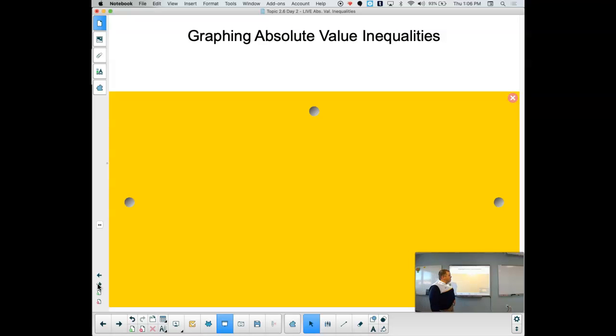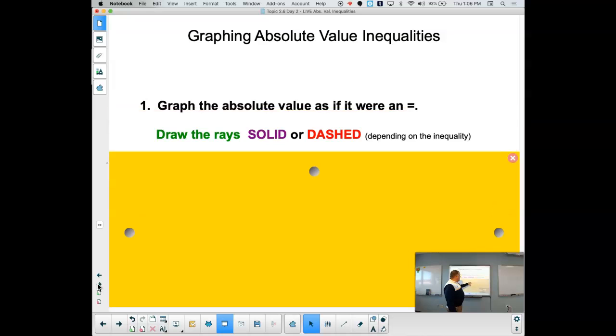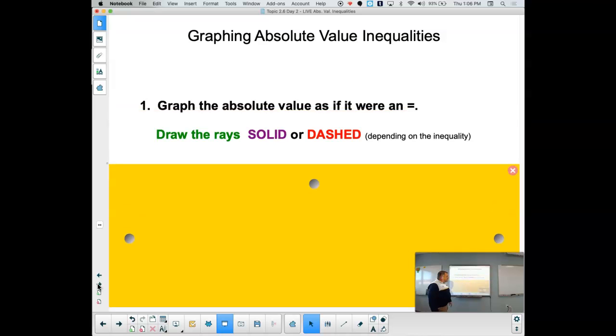Okay? So the first thing that we're going to do with our absolute value inequality is we are going to treat it as if it were an equality. And so if you're a T-chart person for graphing it, you would pick your 5 X values, plug those values in, find the corresponding Y values, and then graph those 5 points.